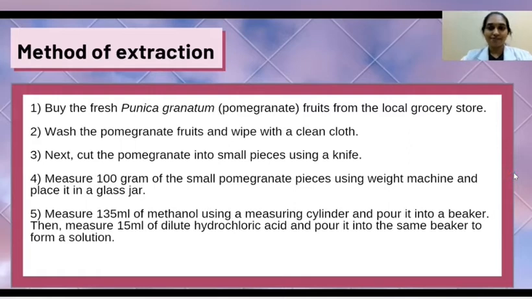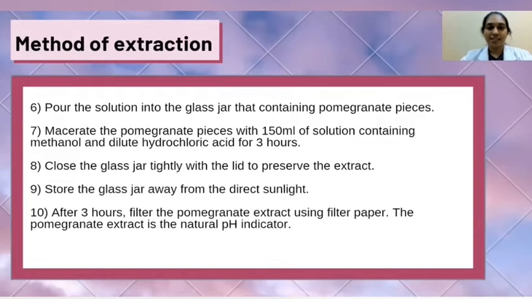The sixth step of the method of extraction, we need to pour the solution into a glass jar containing pomegranate pieces. Then, macerate the pomegranate pieces with 150 ml of solution containing methanol and dilute hydrochloric acid for 3 hours.